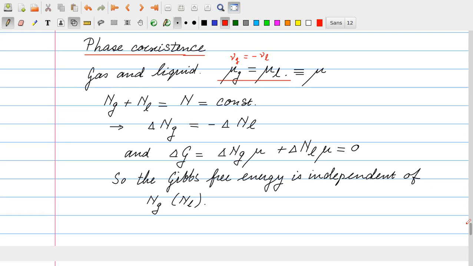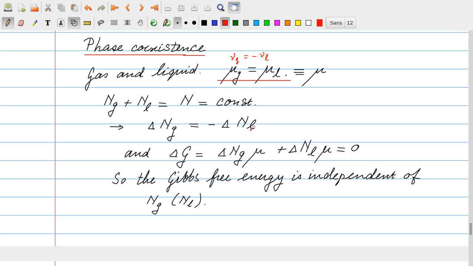Now the sum of the number of gas and liquid molecules is the total number of particles in the system, and I keep that constant, so that a change in the number of gas particles is equal to minus the change in the number of liquid particles. If I have a growth of gas molecules, then I have the same decline of the number of liquid particles.